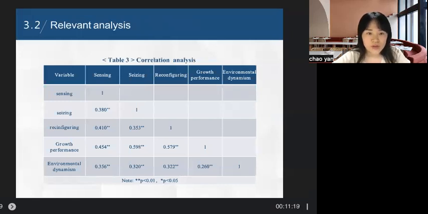Second, we use the Pearson correlation method to obtain the correlation coefficients of each dimension of dynamic capabilities, enterprise growth performance, and environmental dynamism, as shown in Table 3. The correlation coefficients between each dimension of dynamic capability and enterprise growth performance are significant.